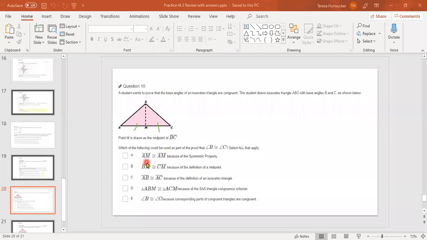It says segment AM is congruent to segment AM because of the symmetric property. Well, AM is congruent to itself, not by the symmetric property, but by the reflexive property. So that is incorrect. It should say reflexive. So we know it's not choice A.